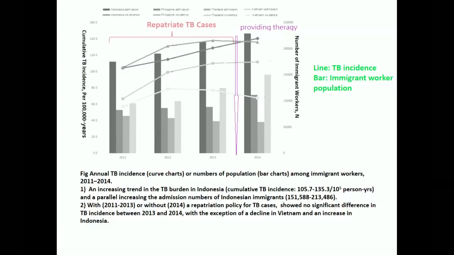This figure, the 9 charts, demonstrates the fluctuation of TB incidence. You can see there's no significant difference in the policy of repatriating TB cases before and after 2014. You can see the population and the incidence with an increasing trend in Indonesia, and a slight decline in Vietnam.